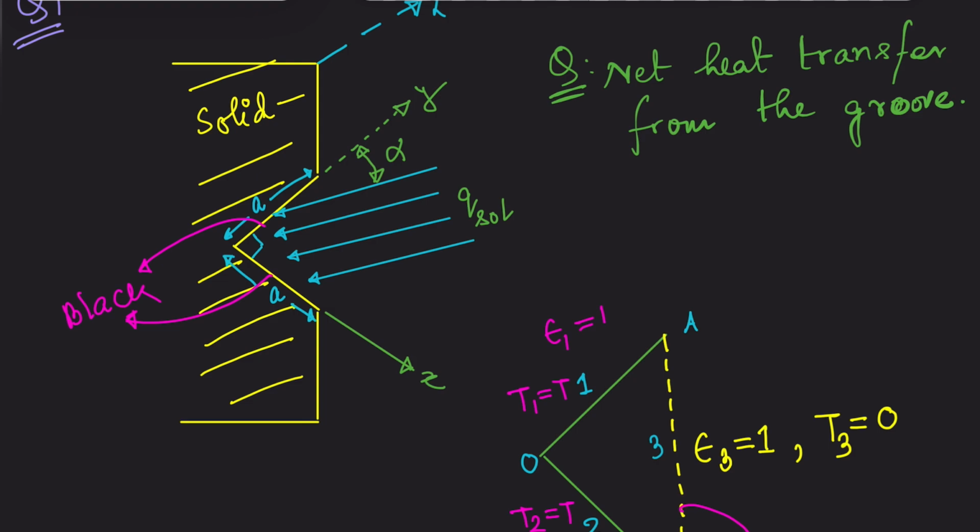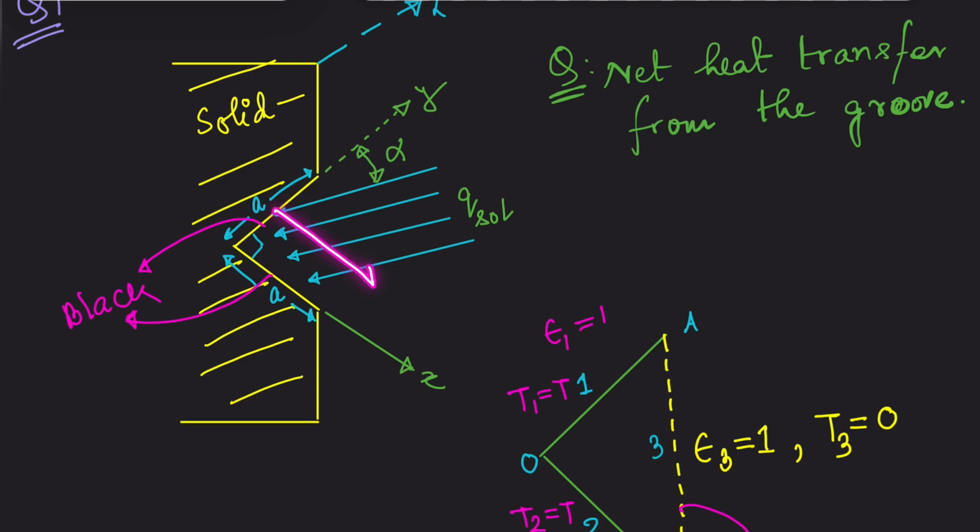And in radiation also, if this is the surface normal n, then what is the radiation flux? I have explained it many times when I was teaching the fundamentals of radiation.